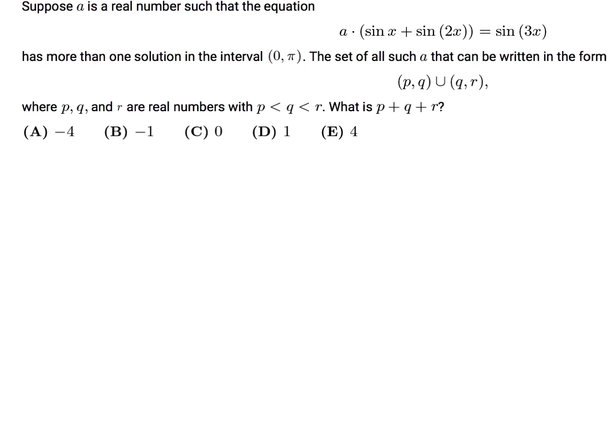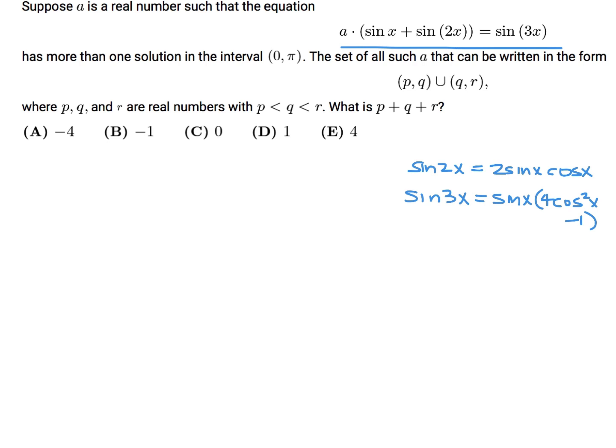Well, we have the identity sine 2x, you guys remember that, is 2 sine x cos x. And then you also have the sine 3x identity, lesser known, and that's sine 3x is equal to sine x times (4 cos squared x minus 1). Okay, so let's put those in here, and off we go.